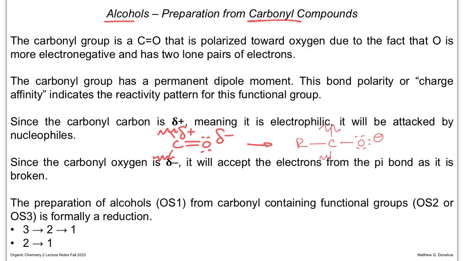So we'll talk about how these nucleophile reagents add to a carbonyl, this intermediate that they're going through, where I've shown O-, and then ultimately, how do we get the neutral alcohol?